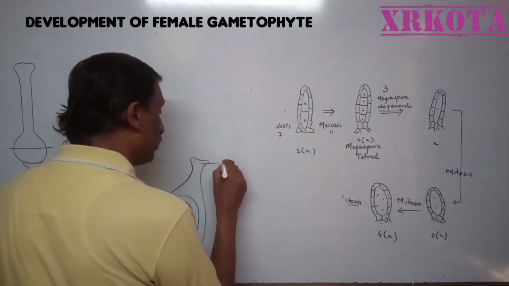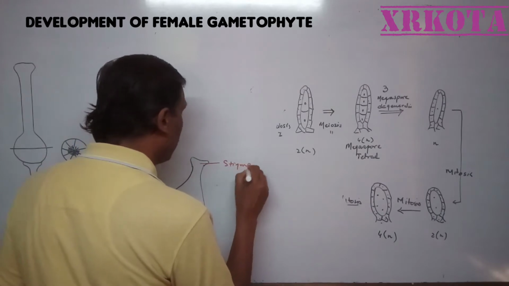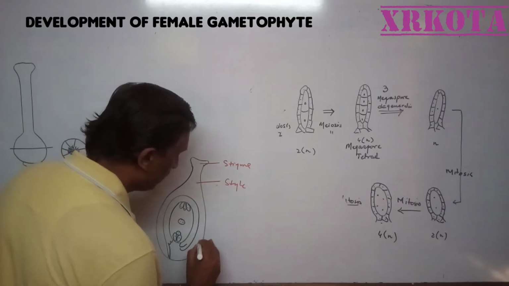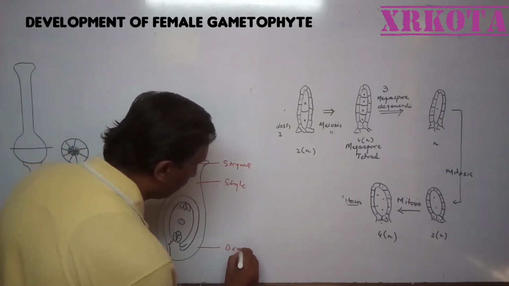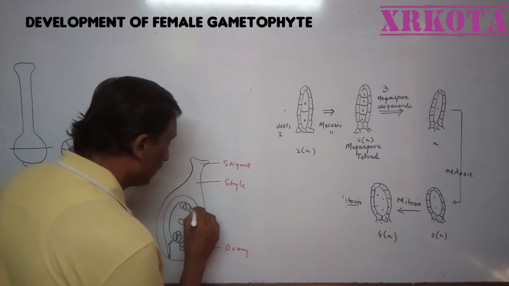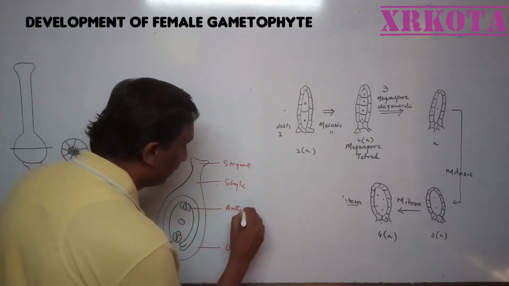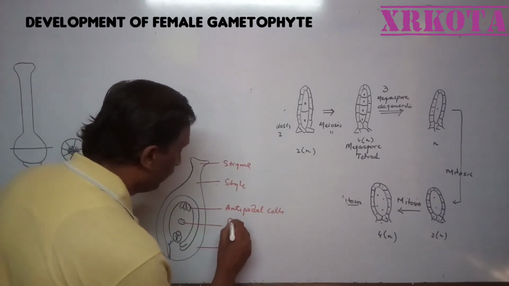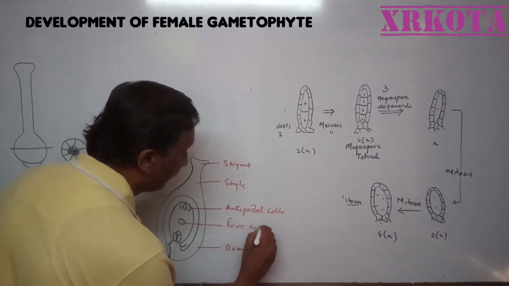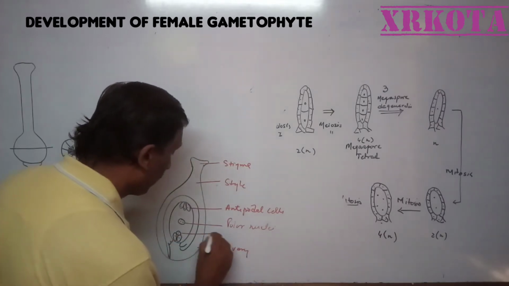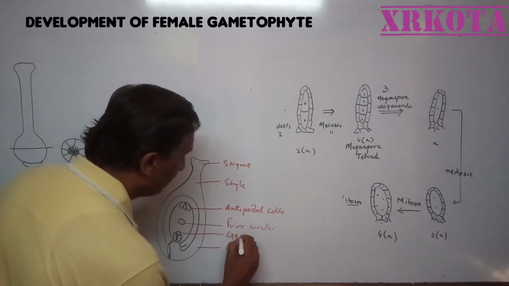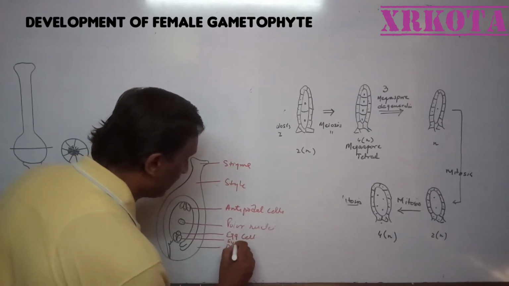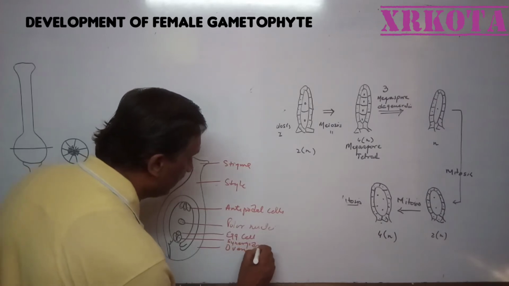So this is, as you know, the stigma, the style, and this is the ovary part. These are the antipodal cells, the polar nuclei, the egg cell, and two synergids.